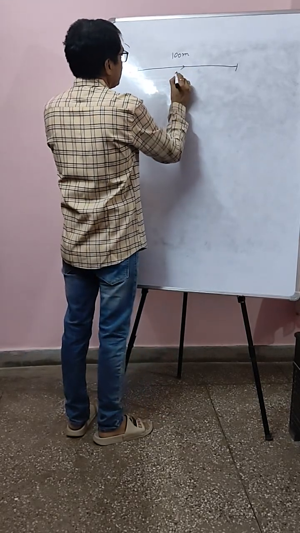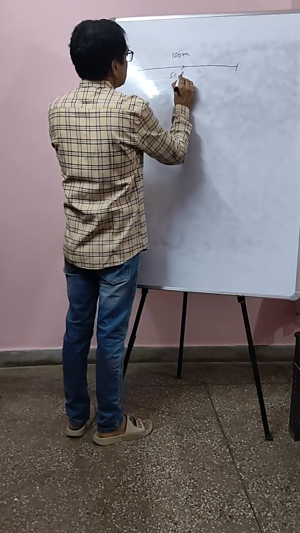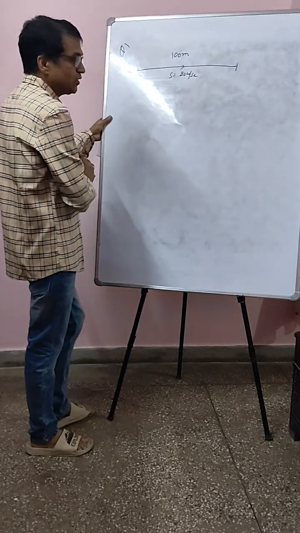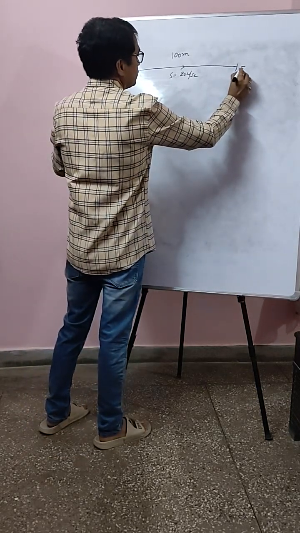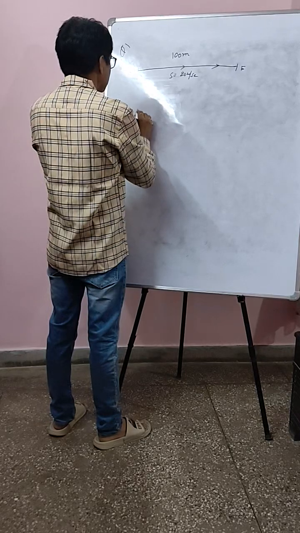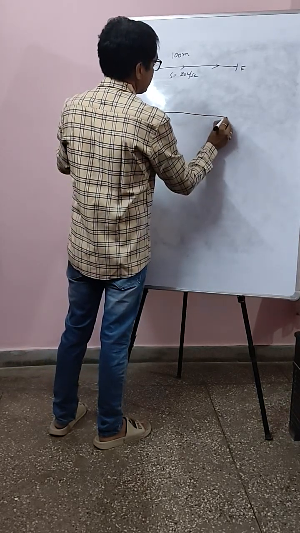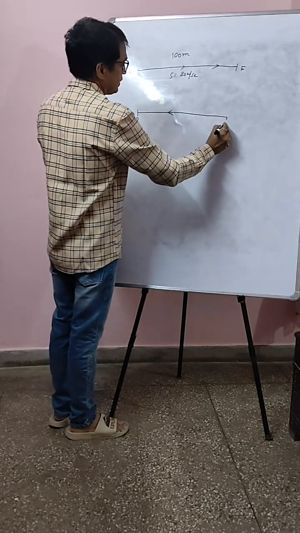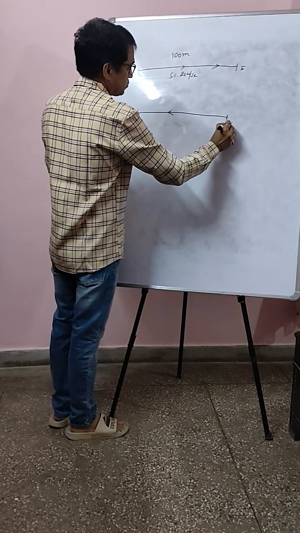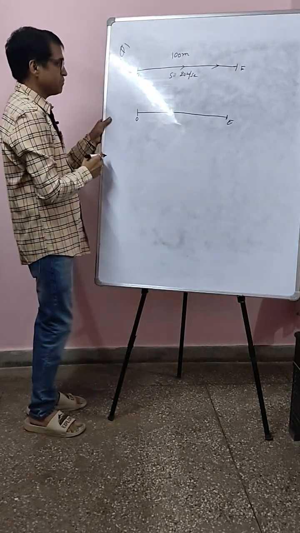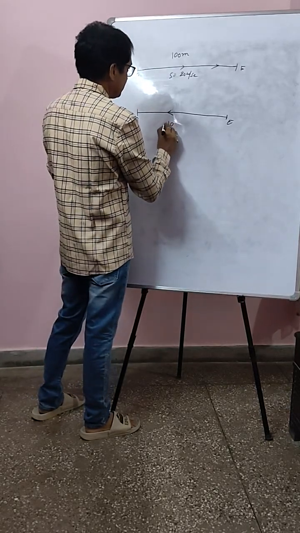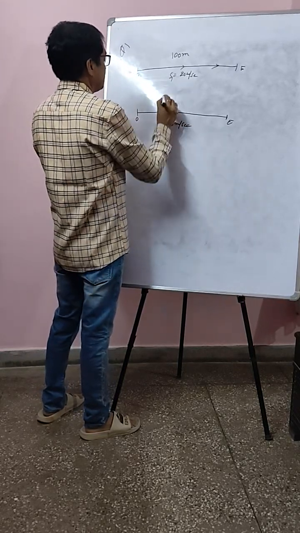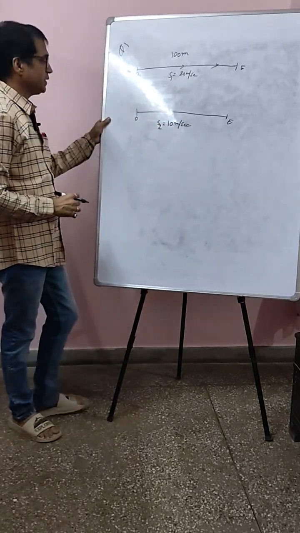In the forward journey, he goes at speed equal to 20 meters per second, due east. Now he comes back along the same path, covering the same 100 meters, from this end back to the origin, with a speed of 10 meters per second.